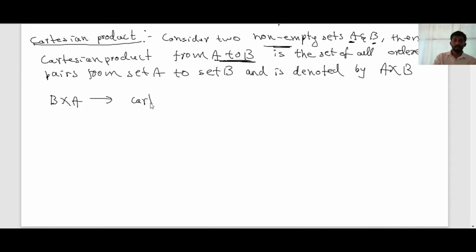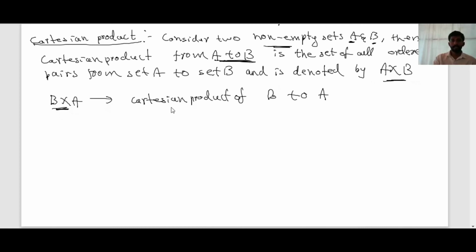This is the Cartesian product of set B to set A. A cross B means the Cartesian product of A to B, and B cross A means the Cartesian product of set B to set A.